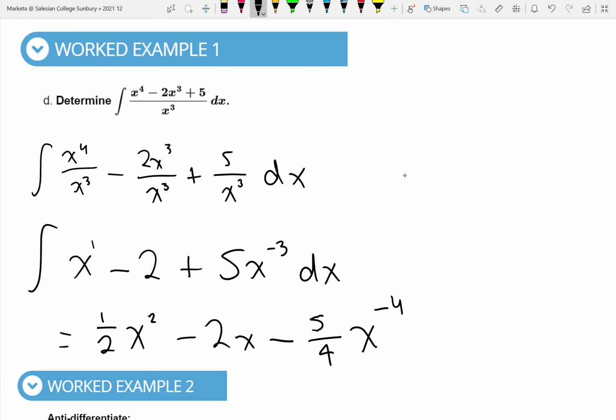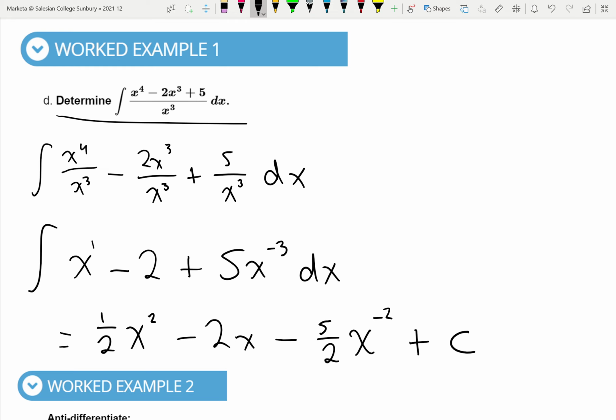And, oh no, neg 2, what have I done? That was silly. So minus 5 over 2, because of course negative 3 plus 1 would be negative 2, not negative 4. That's just actually a common silly mistake, so be careful of that. So that goes to the power of negative 2, and we are looking for just the antiderivative, so I need a plus c.